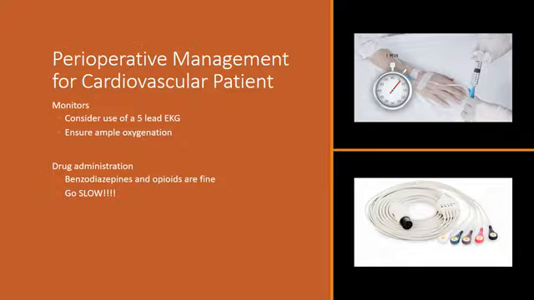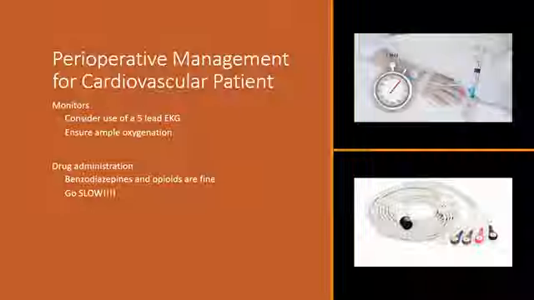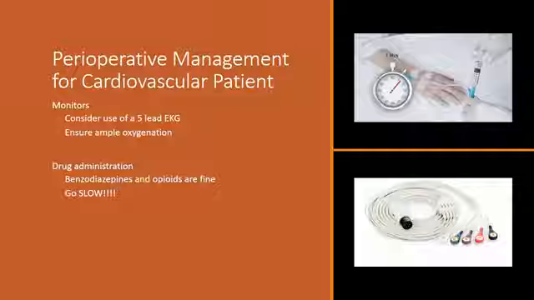In terms of administering drugs to these patients, our sedative drugs and our opioid agonists, both of these medications are fine, depending on the severity, obviously, and the degree of the patient's comorbidity. But the one thing that I will advise is that we essentially treat these patients with some extra caution, and we're going to administer smaller dosages than normal, and give ample time to see the drug effect before we start to give more.